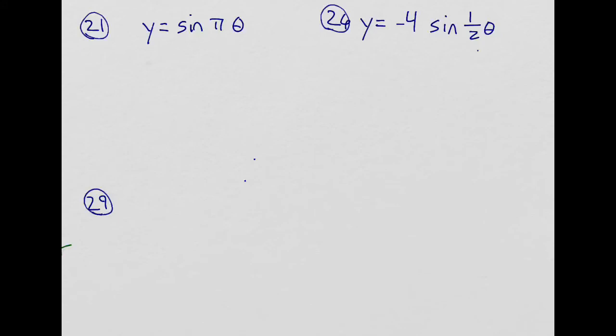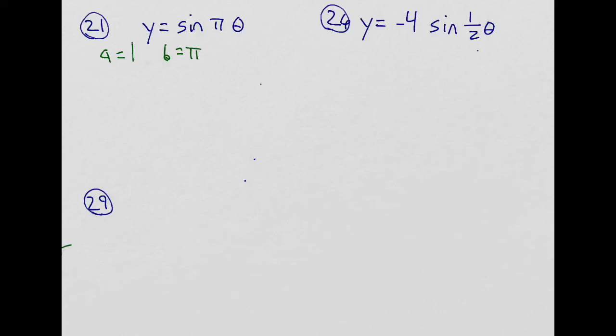So with this one, let's start with 21. I don't see a number in front of sine. That makes it easy. So that means my amplitude is going to be 1. A is 1. And you have B right here, right? I know B is equal to pi.